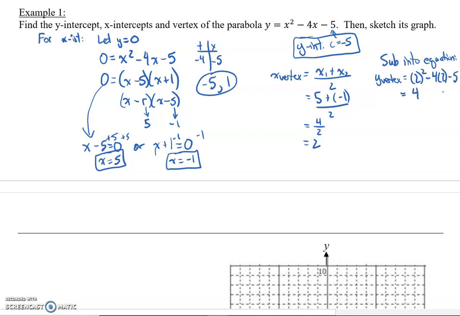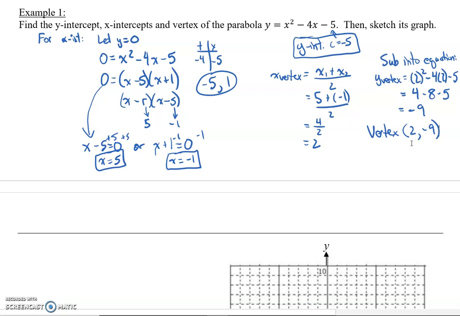So this is 4 minus 8 minus 5. 4 minus 8 is negative 4, minus 5 is negative 9. So that tells me that the vertex is at an x value of 2 and a y value of negative 9. It would be good of you to stop the video here, go back, complete the square, and see if you get the same vertex, and you should if you've done it properly.